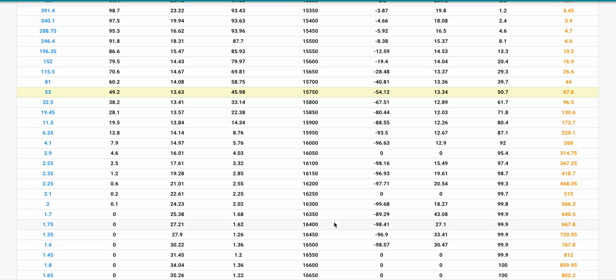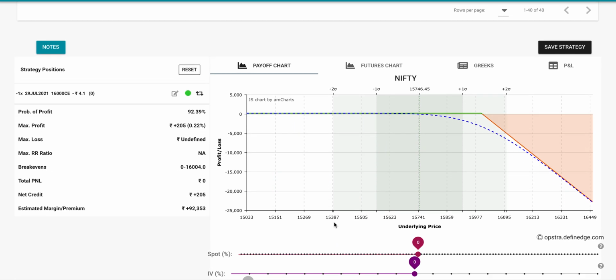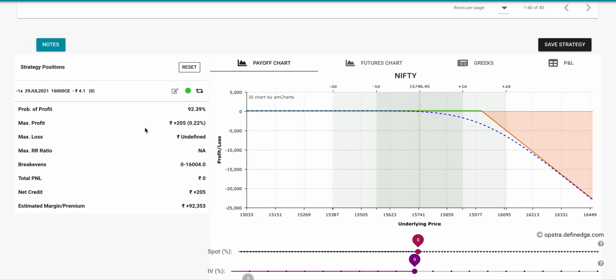Now if you see, the maximum profit that I can make is 50 into 4, which is just 200 rupees. But the margin that is required in my account to get this 200 rupees is around 92,000. This is not a small amount.